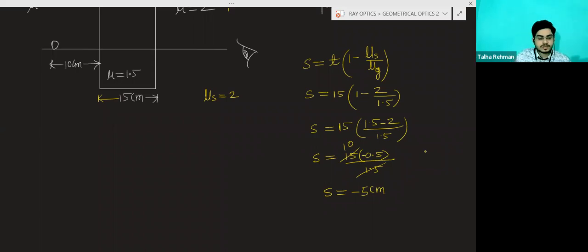In this case you are getting a negative shift, which means the shift is in the opposite direction of the incident ray.